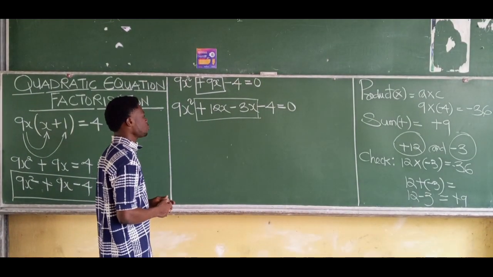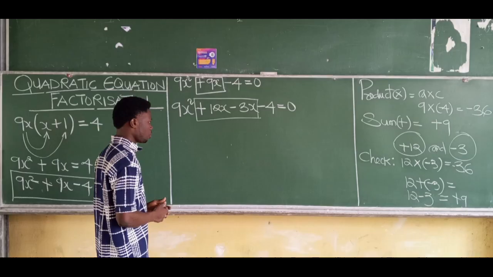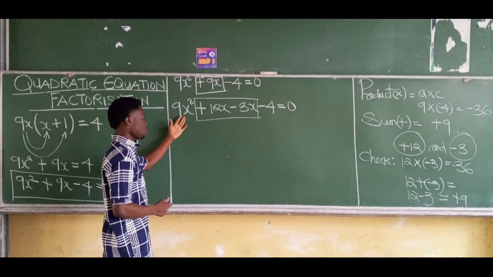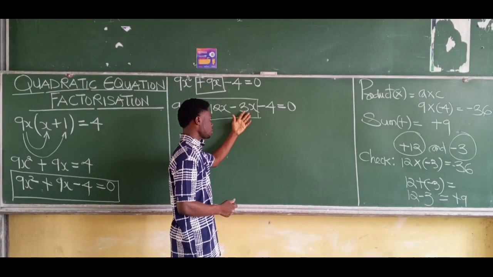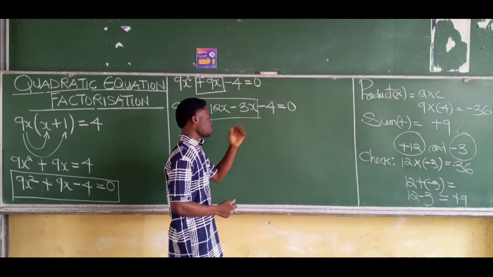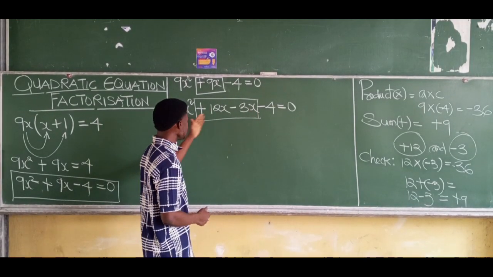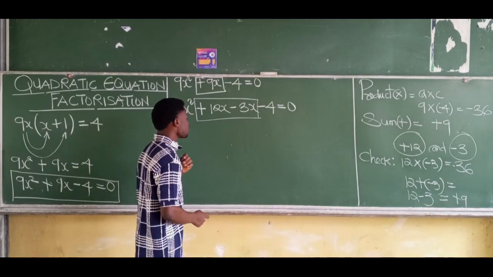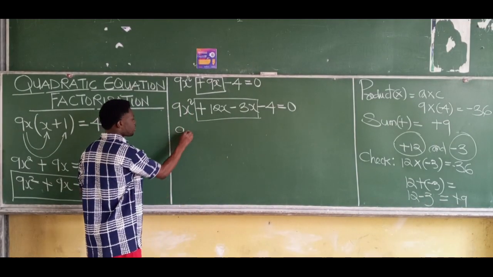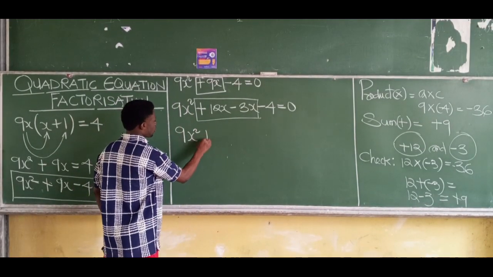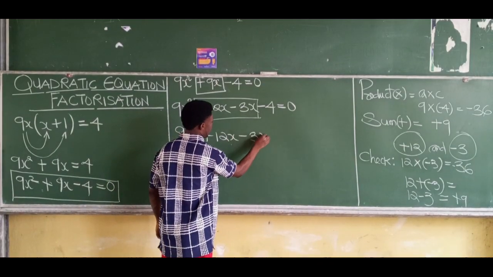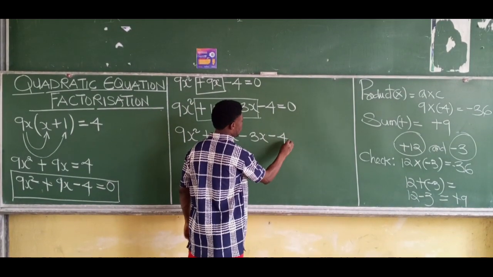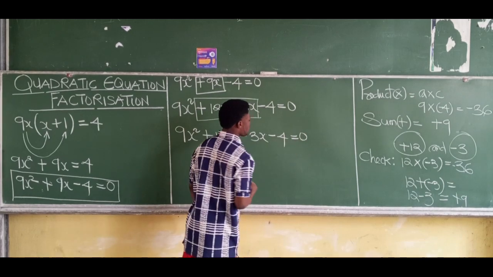By pairing this equation, basically there are four terms on the board: 9x squared plus 12x minus 3x minus 4 equal to 0. So we have 1, 2, 3, 4 terms. Let me rewrite this: 9x squared plus 12x minus 3x minus 4 is equal to 0.